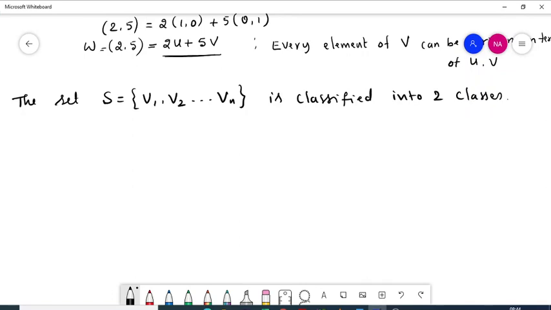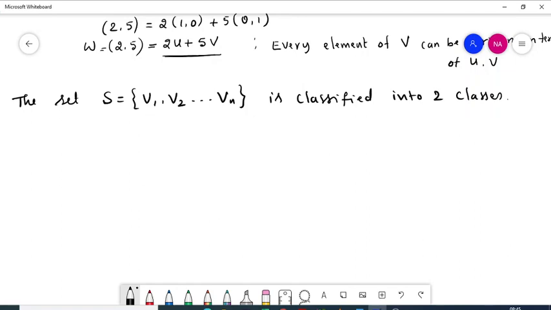I have taken n number of vectors v1, v2, ..., vn, and how their linear combination looks is seen from the previous discussion. Now I am taking the collection of all such vectors v1, v2, ..., vn, and that collection is called S.